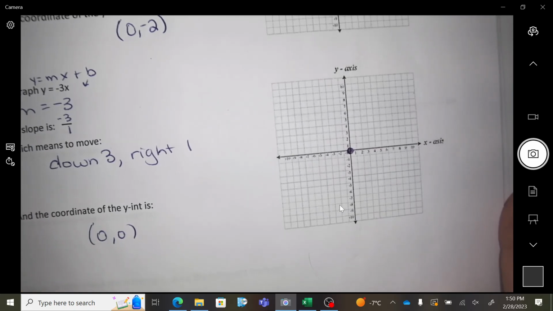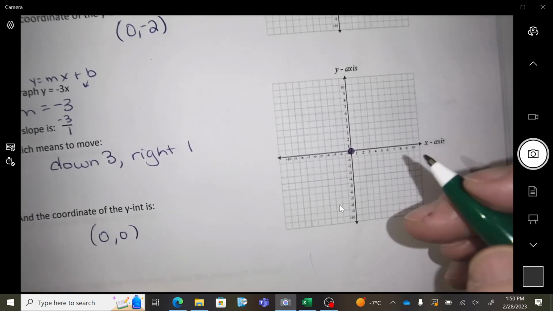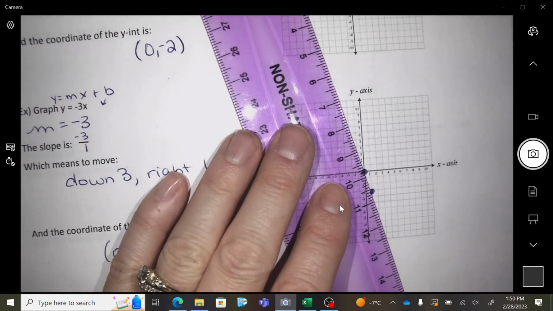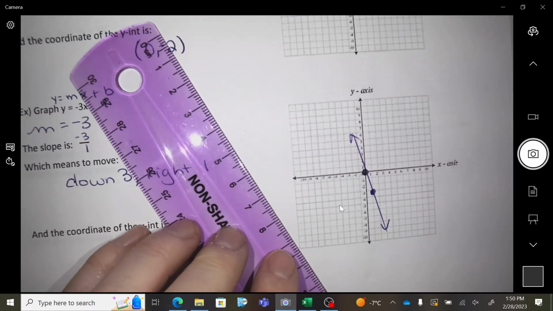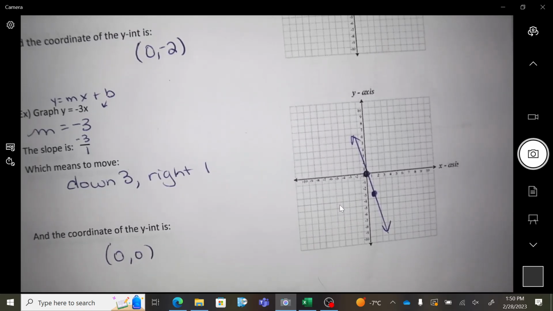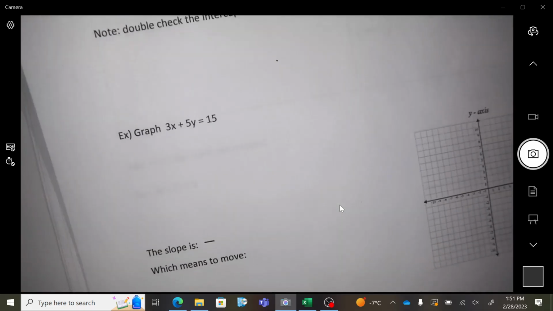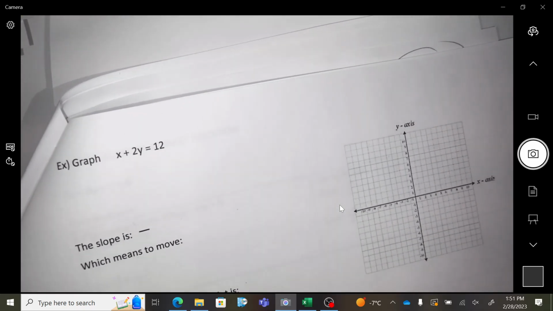And then from there, you told me you would go down 3, right 1, okay. Flip to the next page here.